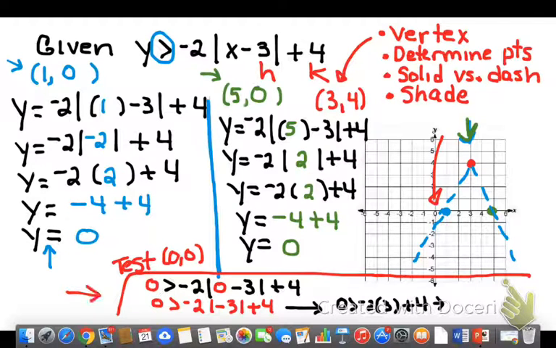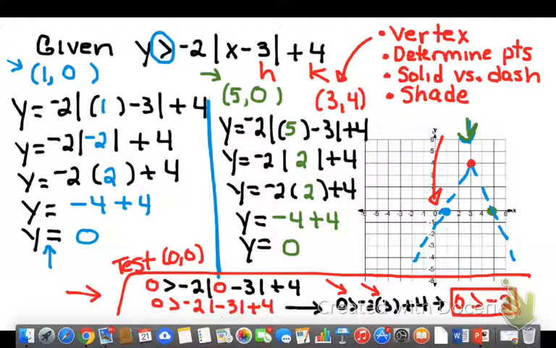So on the bottom of the screen I have that we're testing (0, 0). We put it into our absolute value inequality. We ended up getting negative 2 times the absolute value of negative 3. So we know that the absolute value of negative 3 is just 3. So that comes out to 0 is greater than negative 2 times 3, which is negative 6. Negative 6 plus 4 is negative 2.